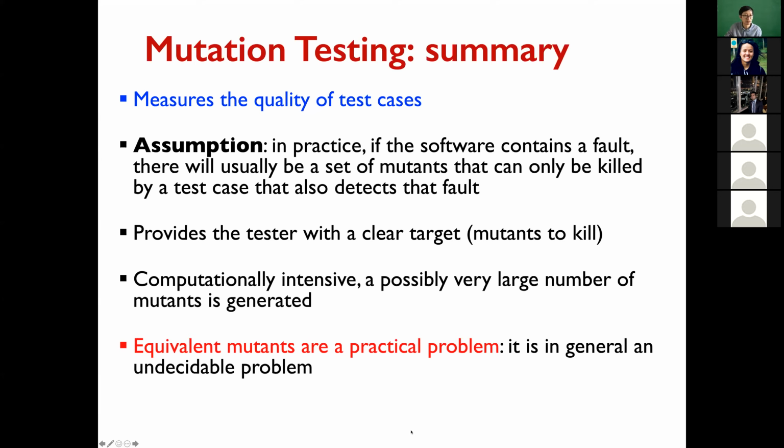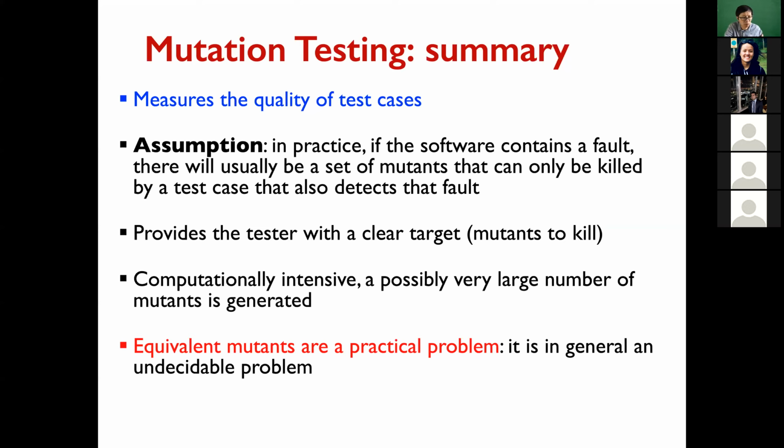But it's computationally intensive because we have lots of mutations, right? And there's another problem: equivalent mutants are a practical problem. It is in general an undecidable problem. Remember, when we calculate the mutation score, we need to exclude those equivalent mutants, because you can never kill an equivalent mutant, since it is equivalent to the original program.